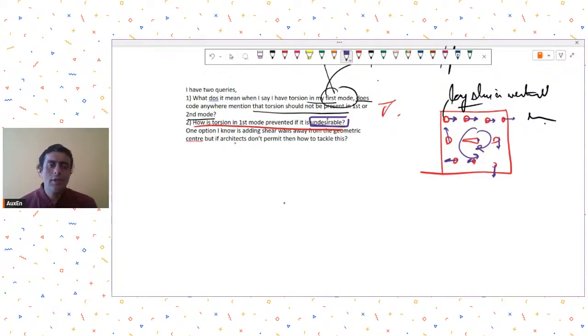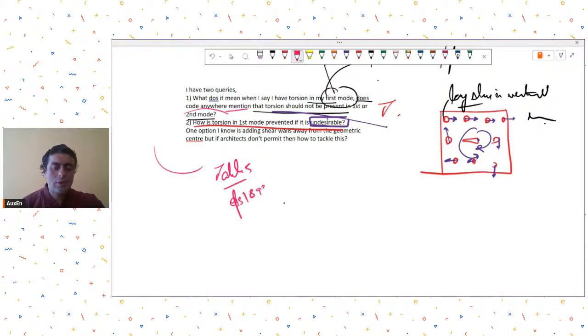All right. Now, where does the code deal with this? If you refer to table 5 of IS 1893, 2016, it talks about the horizontal irregularities, and the first irregularity mentioned is the torsional irregularity.